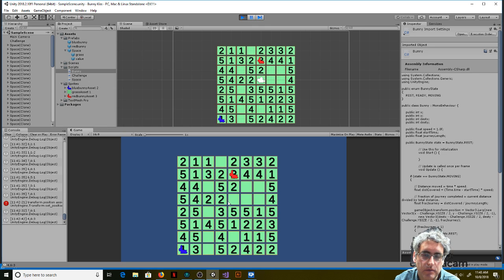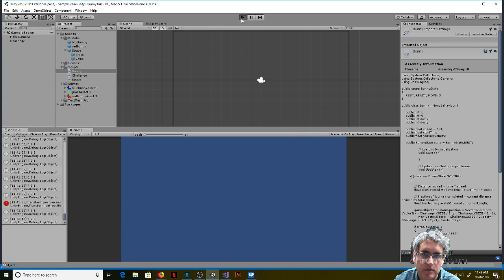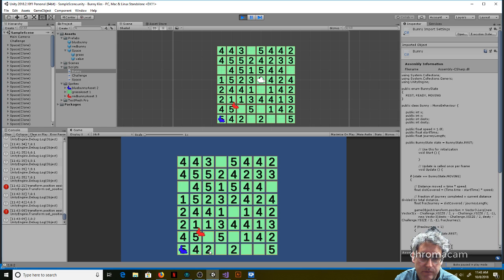Well, it can't move anyway. We're going to try another level where I can move the blue bunny. The blue bunny break.